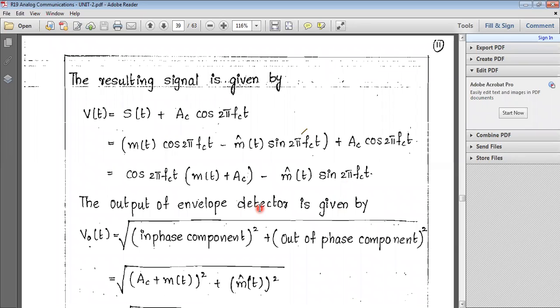The circuit consists of a nonlinear component, that is the diode, and the output of the diode is connected to a filter. From that combination, we detect the envelope. For the mathematical expression, the output of the envelope detector can be written as the square root of the in-phase component squared plus the out-of-phase component squared.